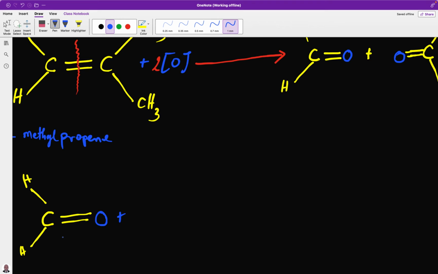It has to undergo further oxidation, and in that case, we need to add an oxygen atom to this molecule from the oxidizing agent. This is the oxygen, again, from the oxidizing agent. And what will happen there?